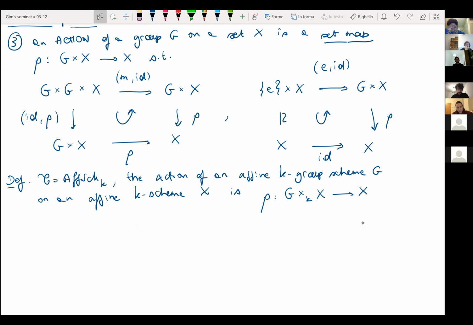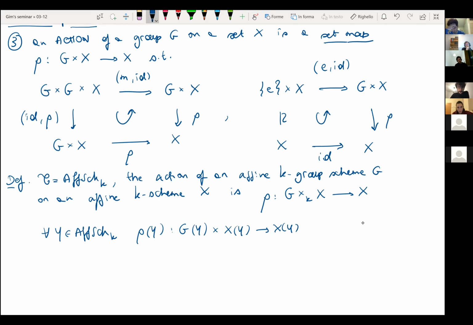But this translates on points. So if we fix any Y in the affine schemes, we obtain exactly an action of a group on a set. So I went a bit faster. If we have a K group scheme G and an affine K scheme X on which this acts, this is a morphism rho from G times_K X to X, which makes the above diagrams commute.